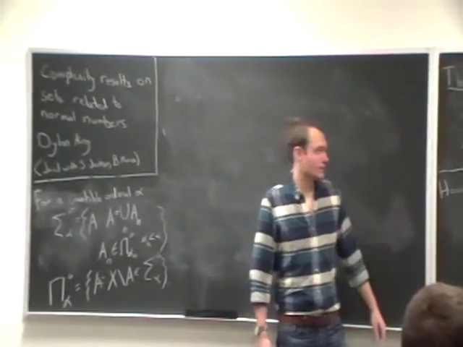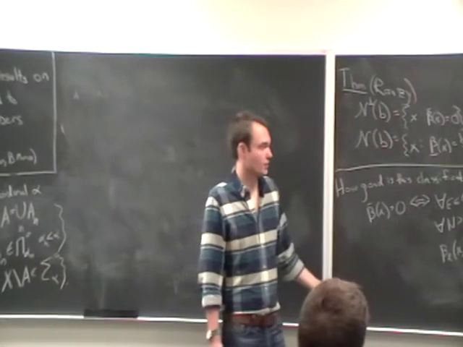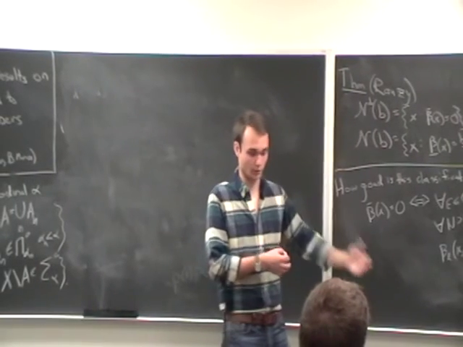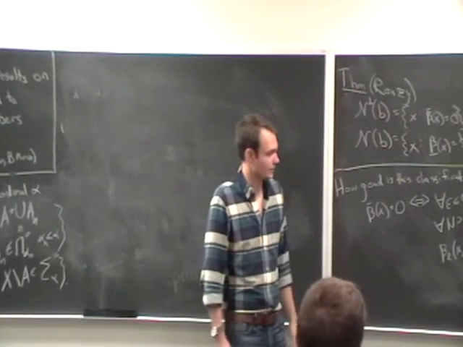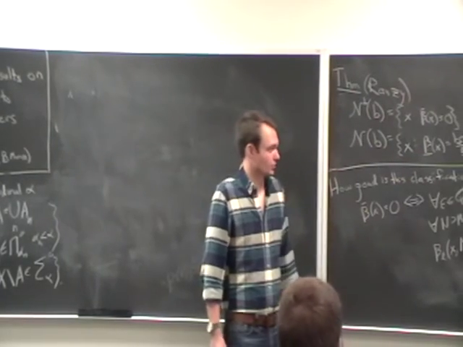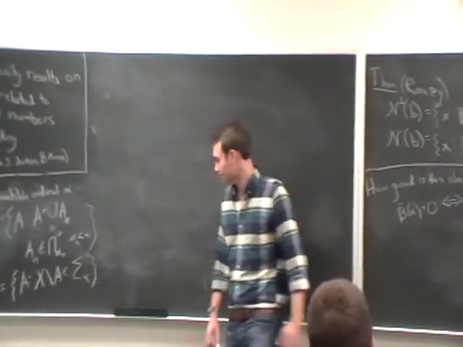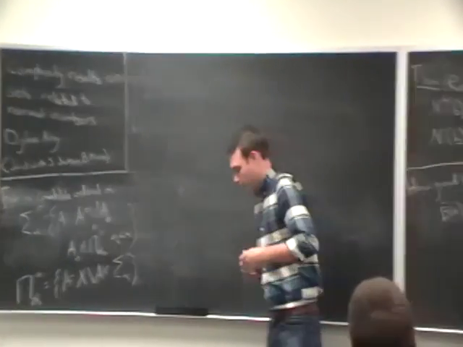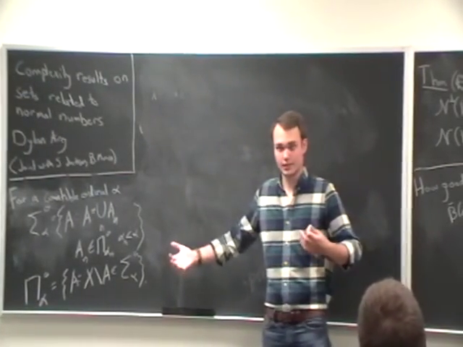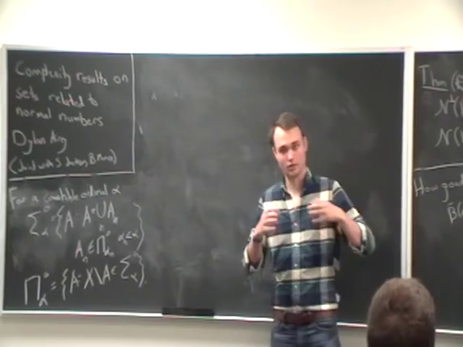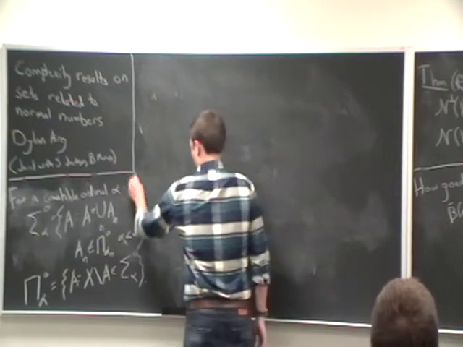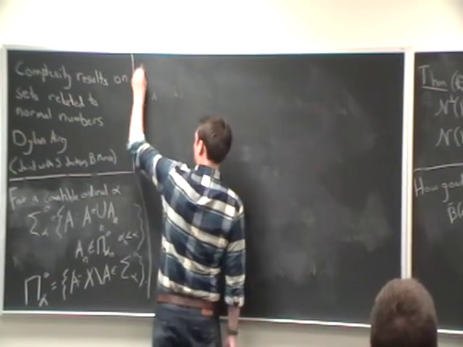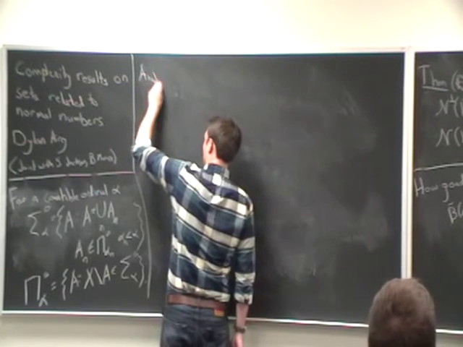Because any set that's measurable in the Borel sigma algebra can be written as some sequence of countable unions, countable intersections, etc., of open sets and closed sets. In fact, we can go even further past Borel sets and define what are called analytic sets.